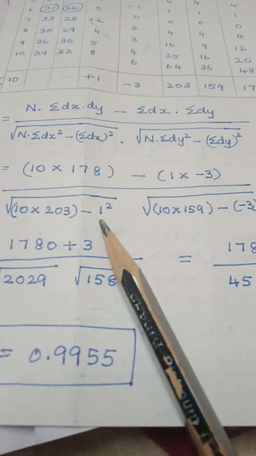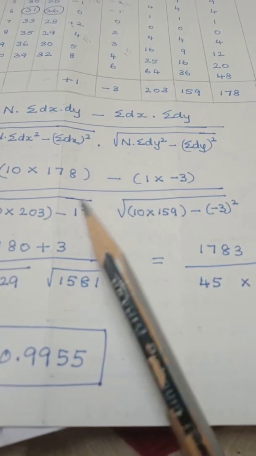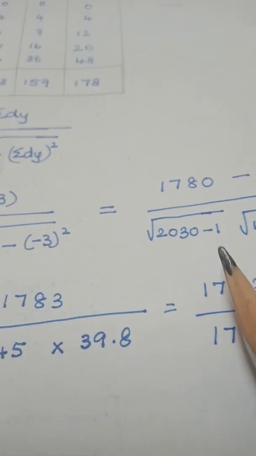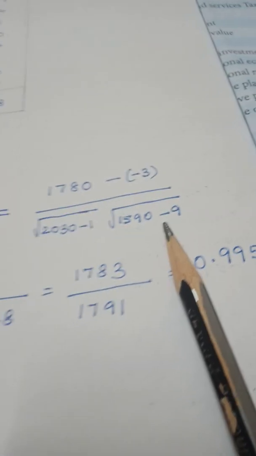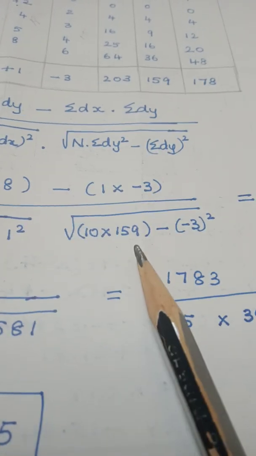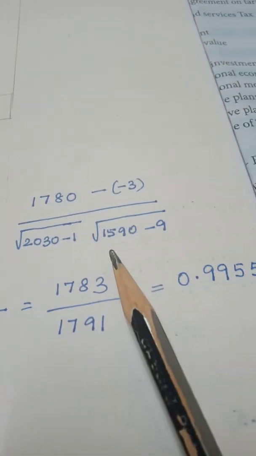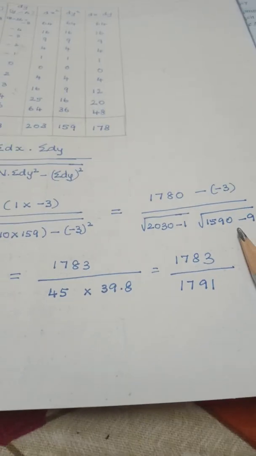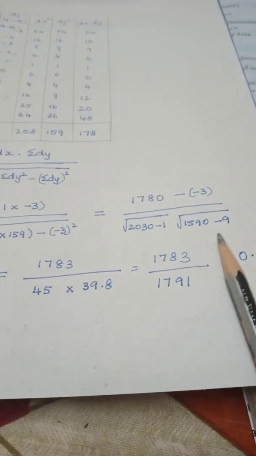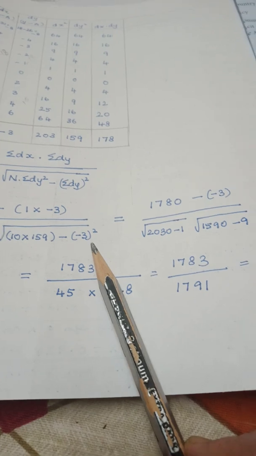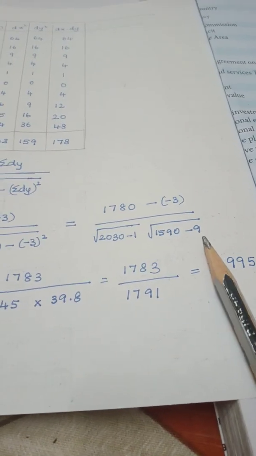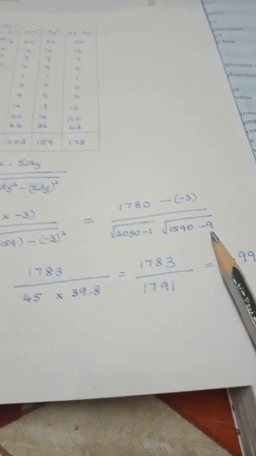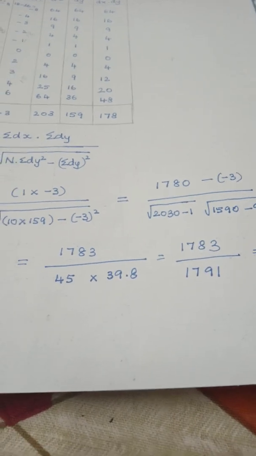What is the symbol here? Minus symbol, minus 1 square. Minus 1 square is nothing but minus 1 into, open the root, 10 into 159. In 159 you get 159 followed by a 0, 1590, minus, write the minus symbol there, minus 3 into minus 3. What is minus 3 into minus 3? It is plus 9. So when you remove the bracket, you will be having here minus 9.